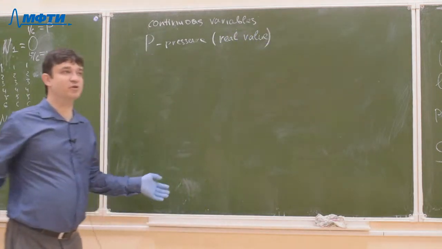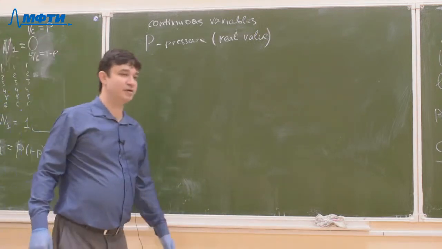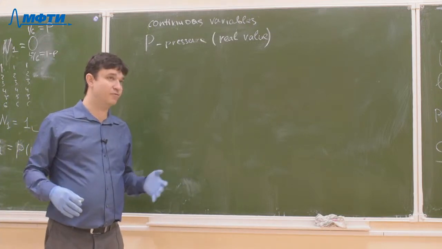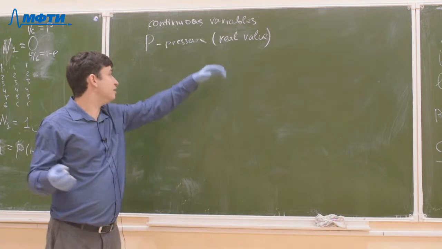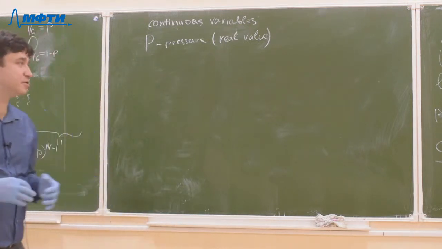Well, it's actually a positive real value in most cases, but it is a real value. So you can say that this number can have one of the continuous values, in some range of values.